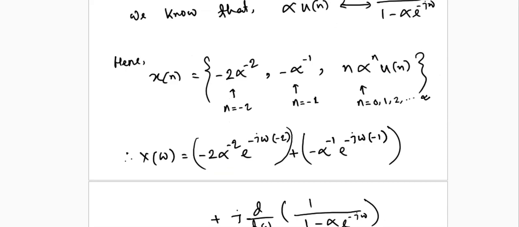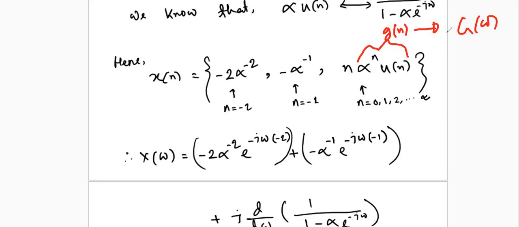So if we consider this as our g[n], and n into g[n], what would be the Fourier transform? It is the differentiation of G(omega), this is G(omega).